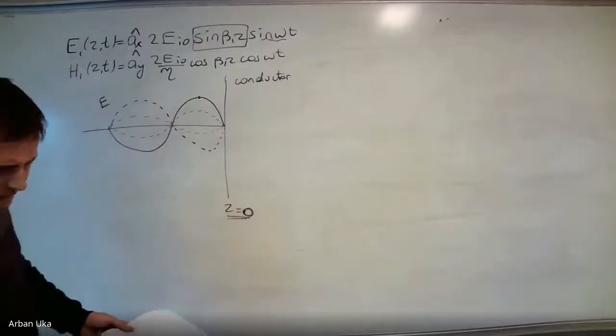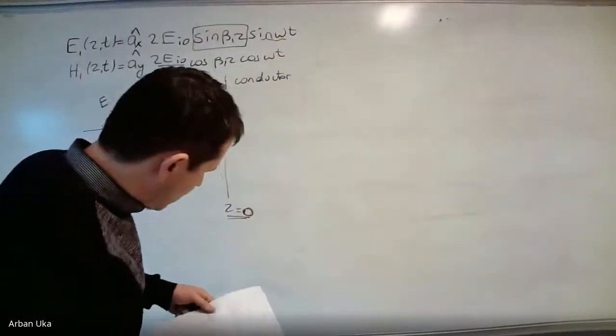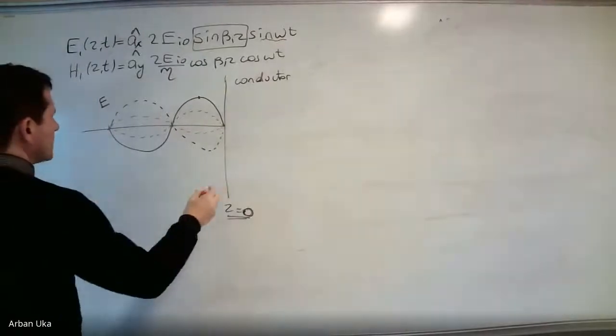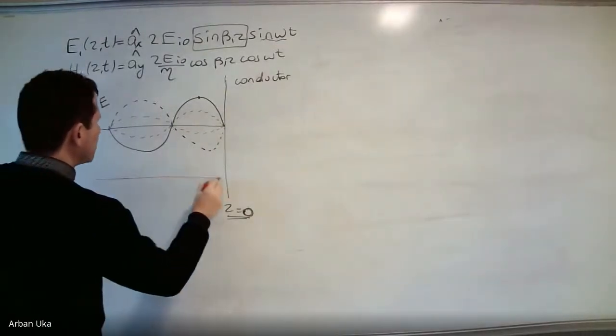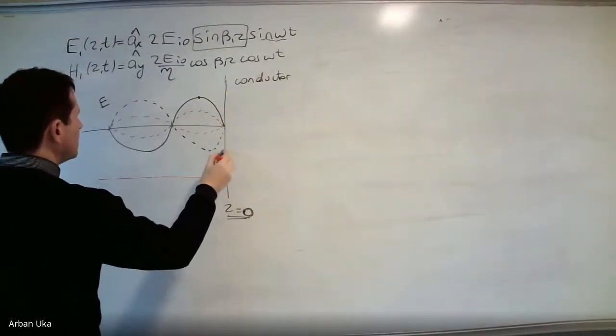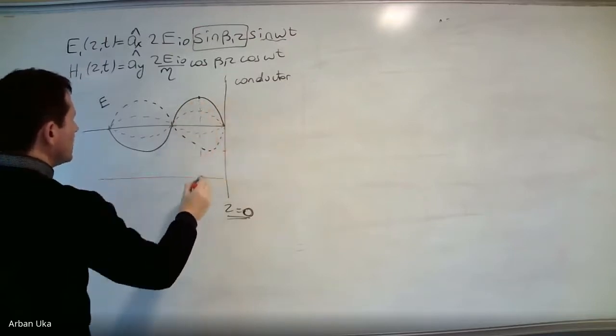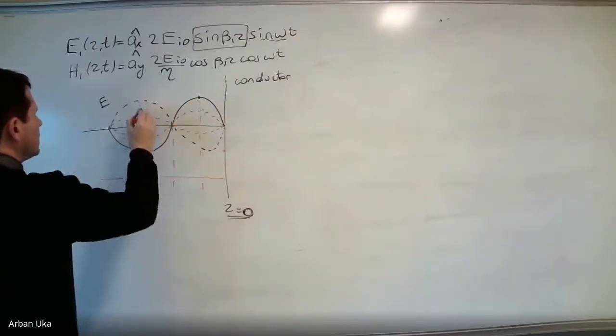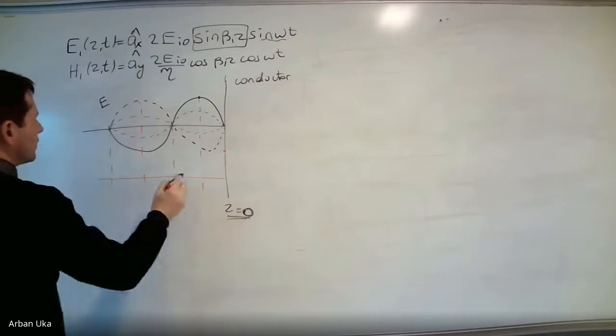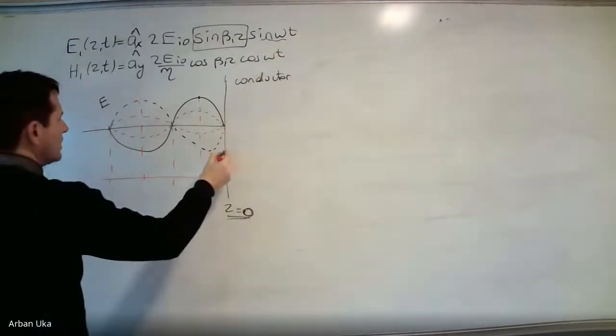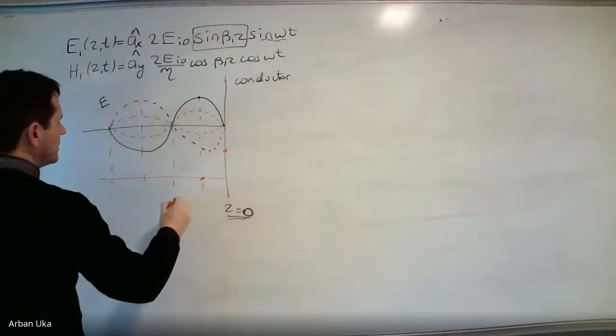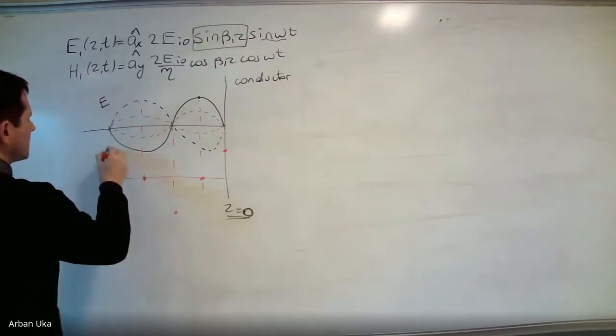Electric field, that's true. But then the other component, if we are to draw the magnetic field, we get here a maximum, which these are pi over 4 terms. These are pi over 4. The 2 pi is here. So we go from here, we go here, we get this, this, and this.